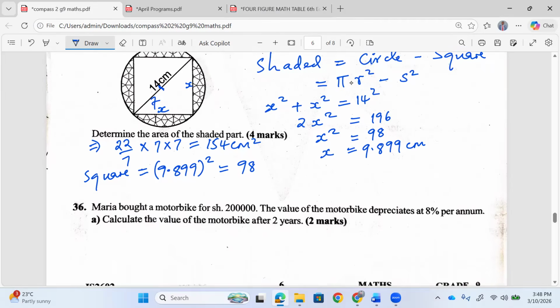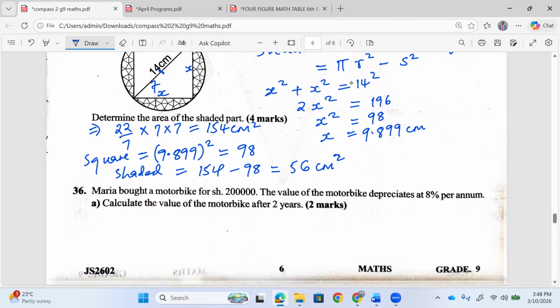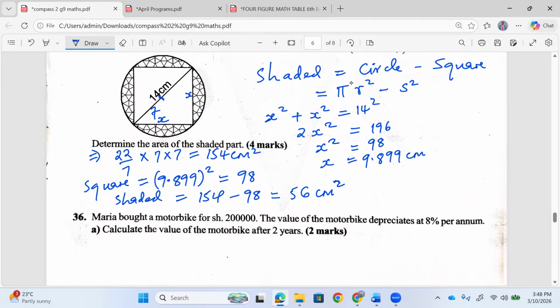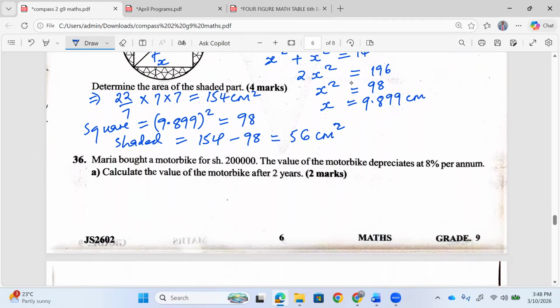Are we now able to talk about the shaded part, which needs 154 minus 98, and this is exactly 56 square centimeters. So that is the shaded area of the circle, which is not inside the square.